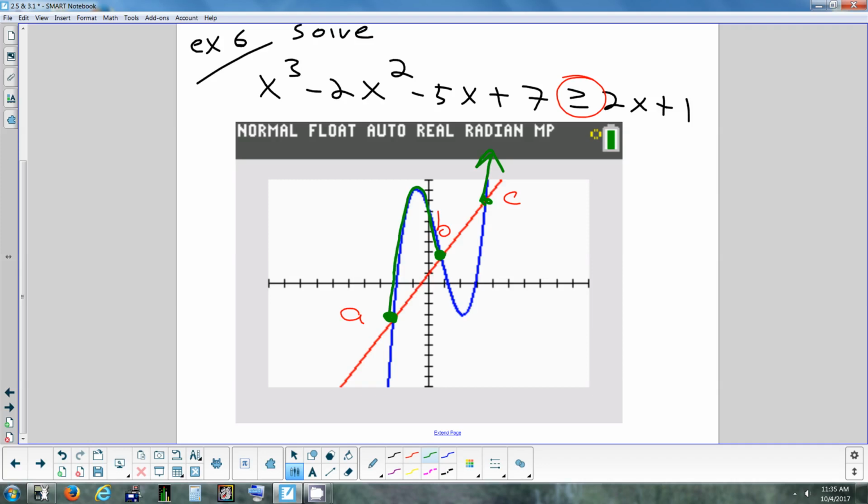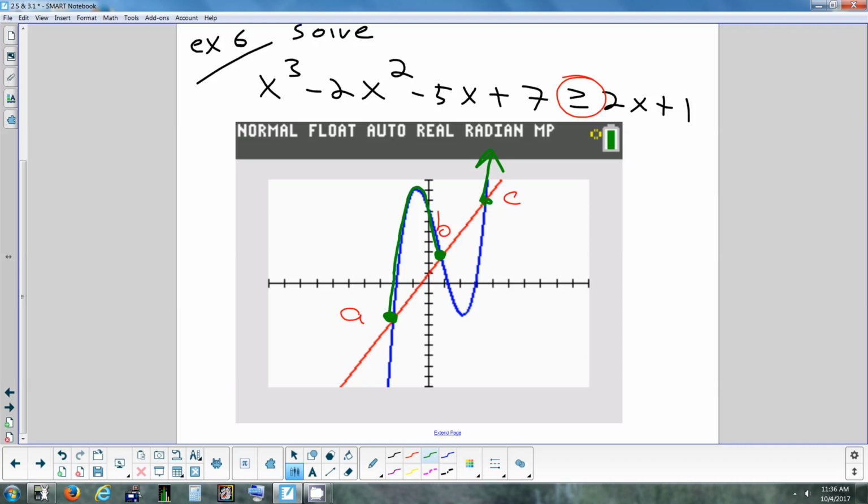About Mina? Do you know how you would write that interval? No. Can you help her out? How about Brandon? Can you help her out? Do you know what I'm talking about? Vaguely. I have an understanding.